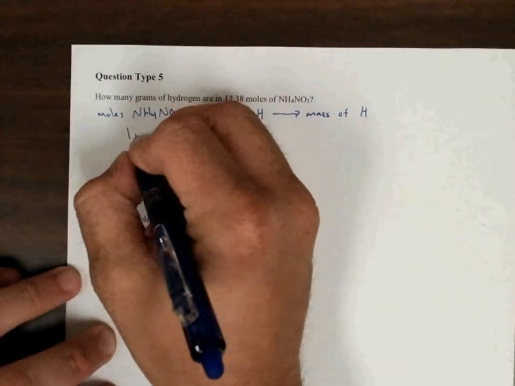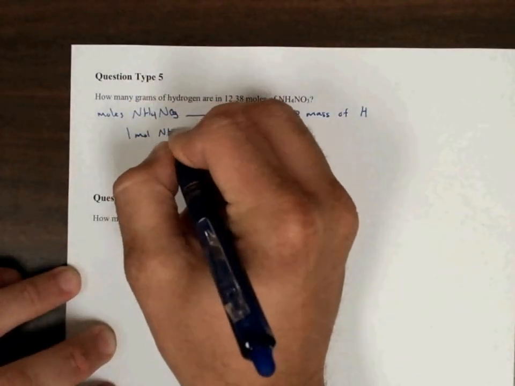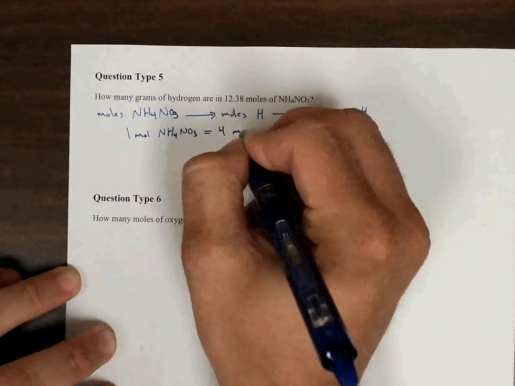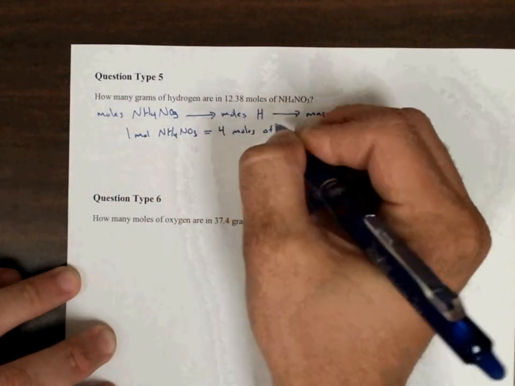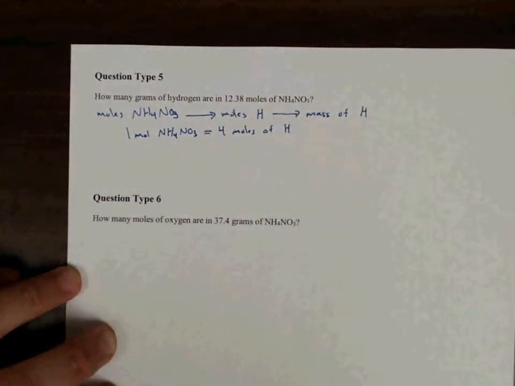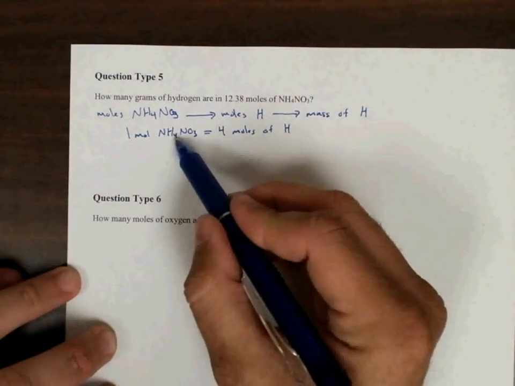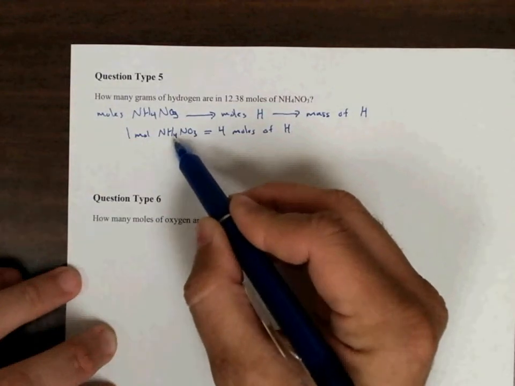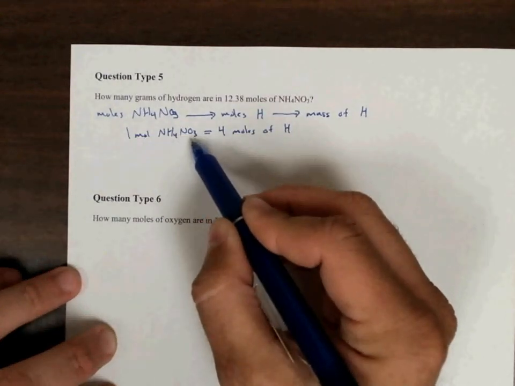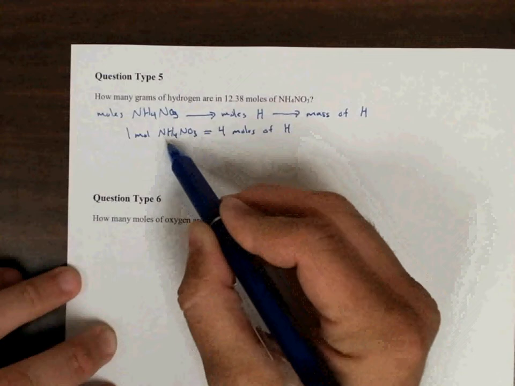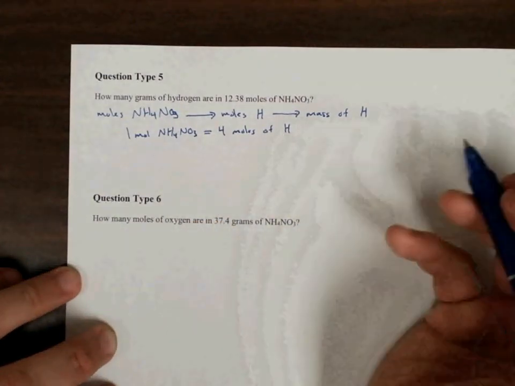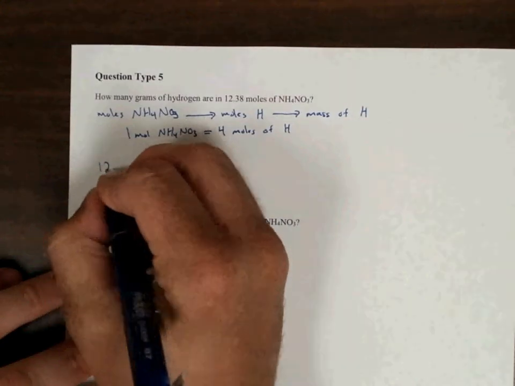Now if we look at the formula here, for every 1 mole of NH4NO3 there are 4 moles of hydrogen present because there are 4 hydrogen atoms per every atom of NH4NO3. And if we have a mole of NH4NO3, that means we have 4 moles of hydrogen.